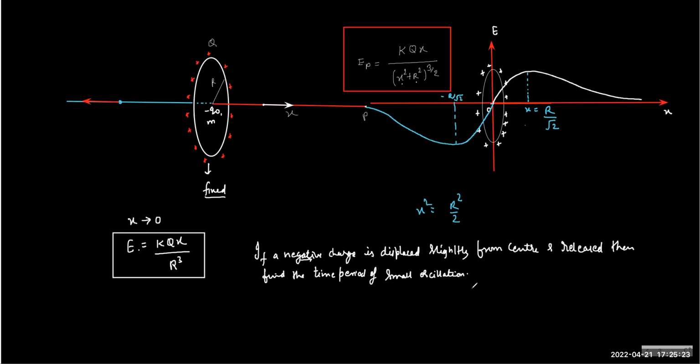Okay. So tell me, the time period of oscillation will be how much? You know the method: you find the acceleration, compare with omega square x, and then write the time period. Okay. So try this out, then I'll check.